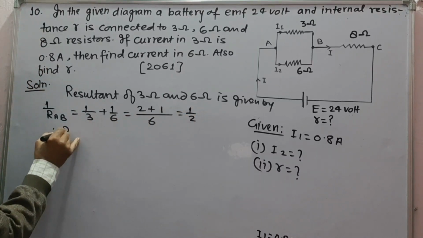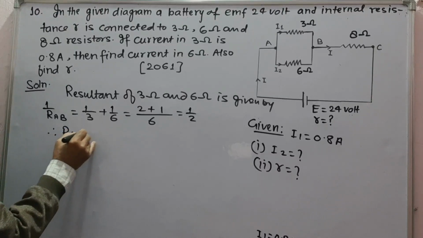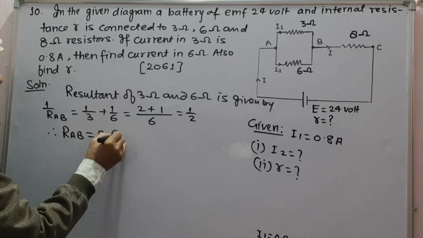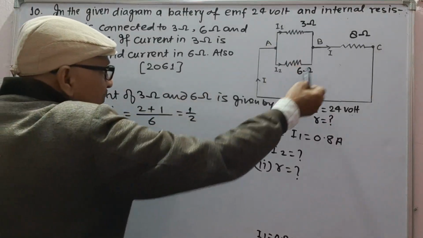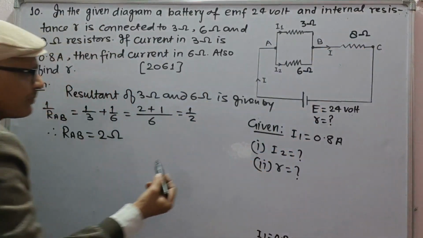So, RAB is equal to 2 ohm. Now, this 2 ohm is in series with 8 ohm.